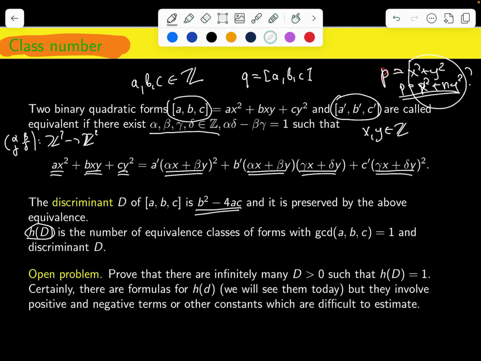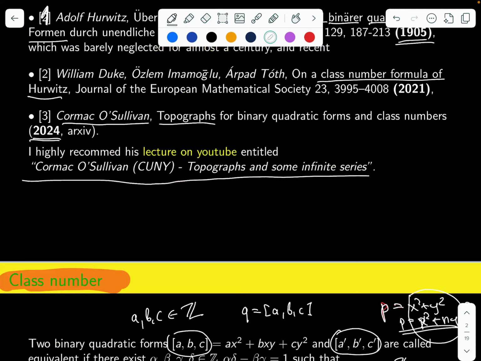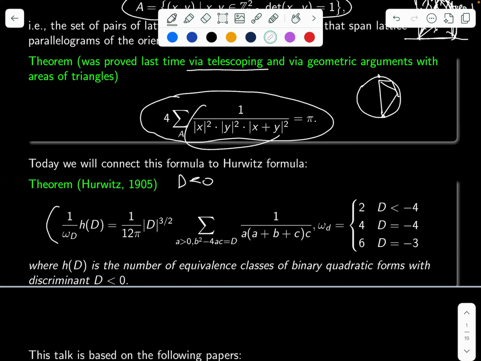That's the number of equivalence classes of forms with coprime coefficients and discriminant D. Okay, so it's kind of the basic question of classification. And the formula above gives you the value of this number as a certain sum of fractions.